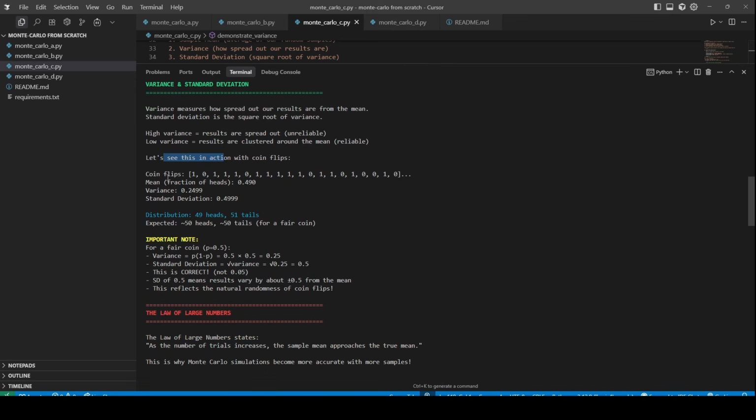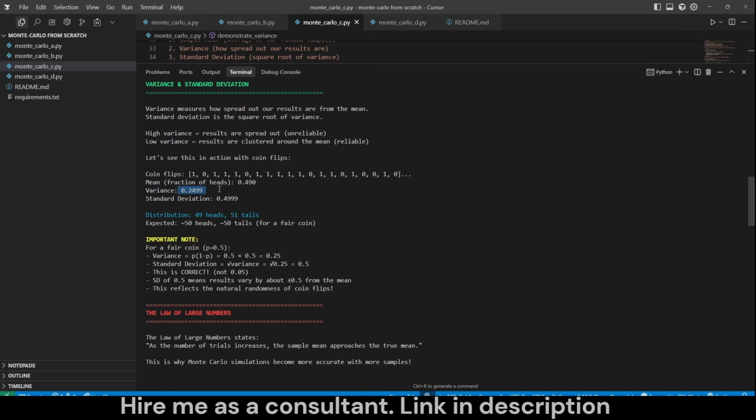Let's see this in action. If you do this many coin flips, the average is going to be half, somewhere in the middle, right? The outcomes are 1 and 0, but the average is going to be 0.5. But in this case, it turned out to be 0.490, and the variance is 0.499.